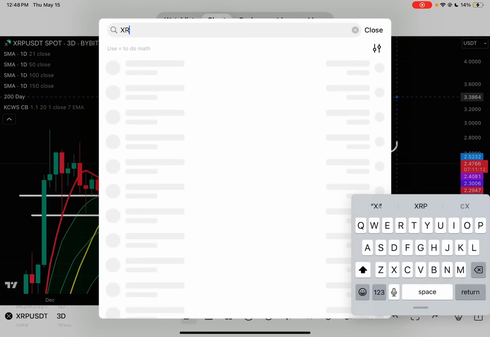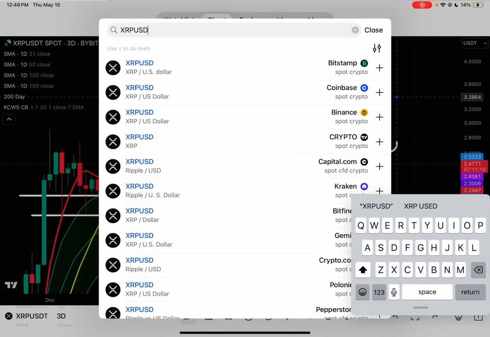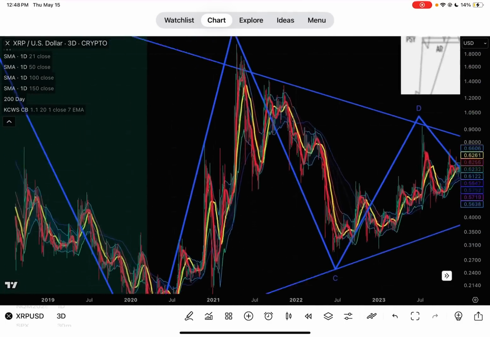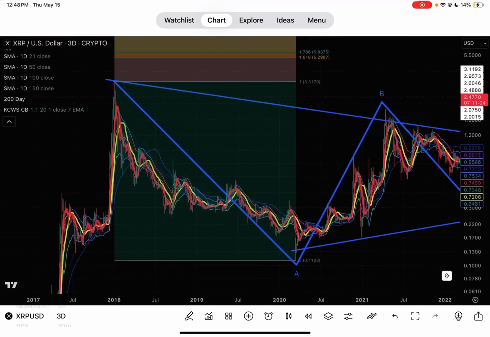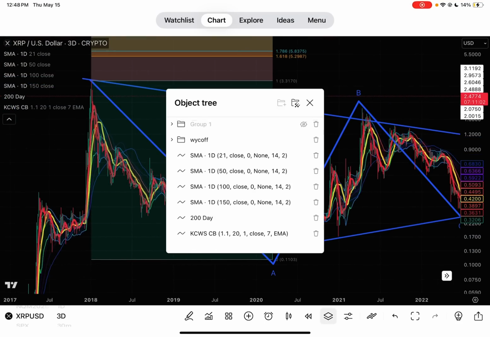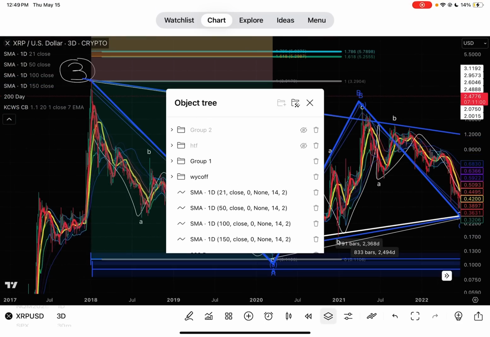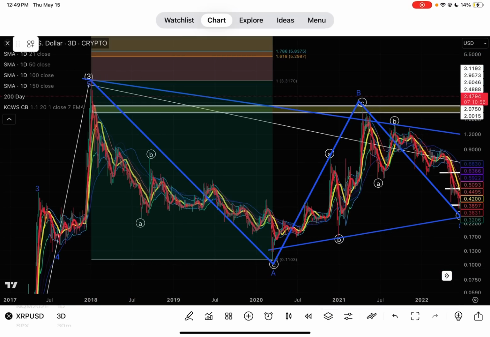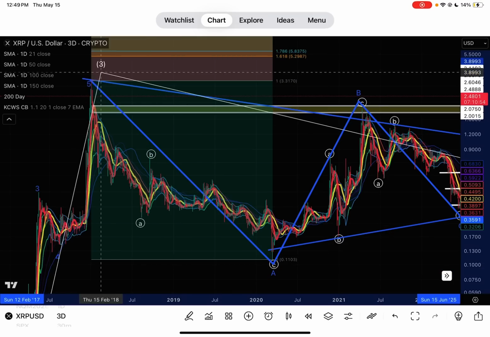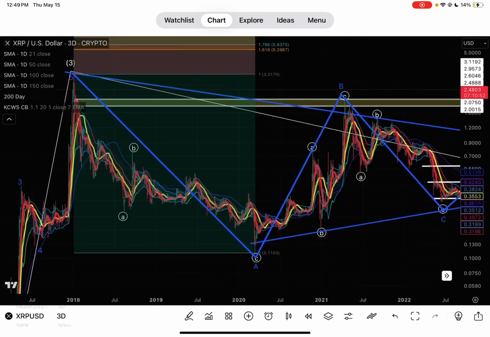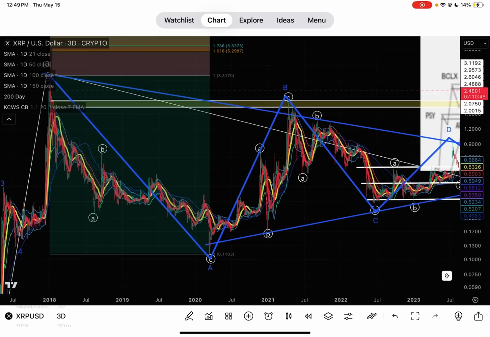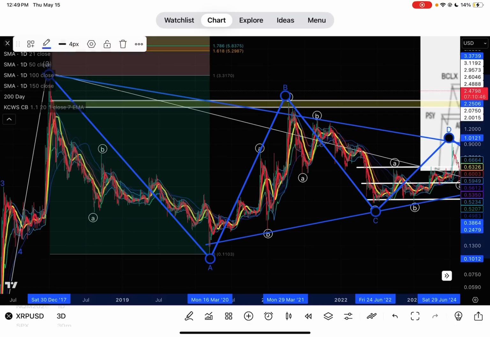Coming back to XRP over here, we can see that we're within wave 5 of 5 to the upside, going all the way back to 2018. Take a look at this, guys. This was your wave 3 right over here in 2018. Then we have a 2,300 day long pennant for your wave 4.